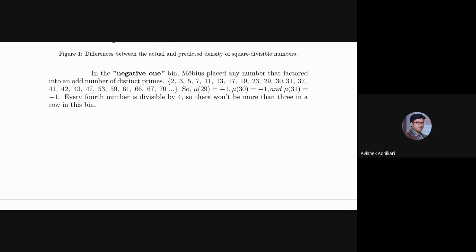So we are only left with the numbers of the form product of p_i, where the p_i are distinct primes. If i runs from 1 to k, and k is an odd positive integer, then we put that number in the negative 1 bin.